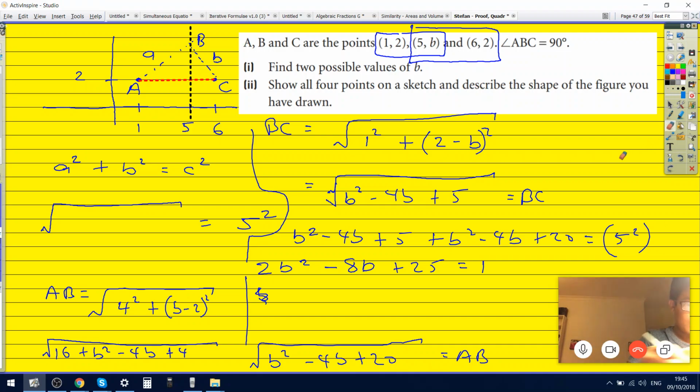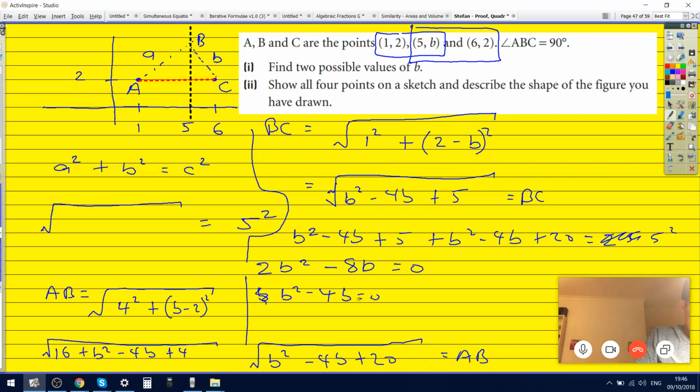So 2b squared minus 8b plus 25 is equal to 25.